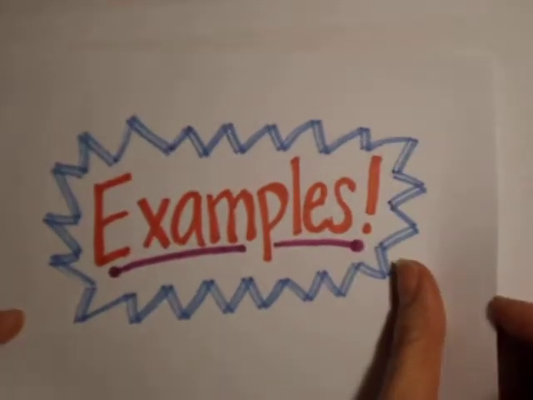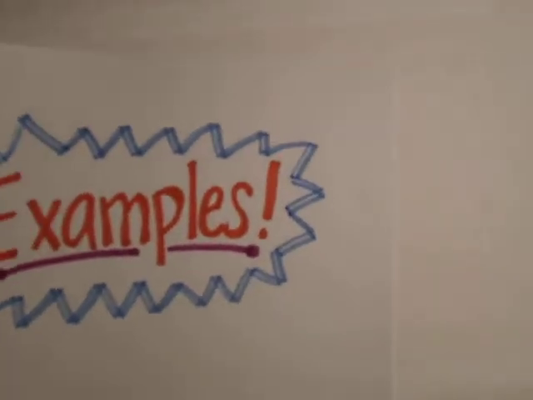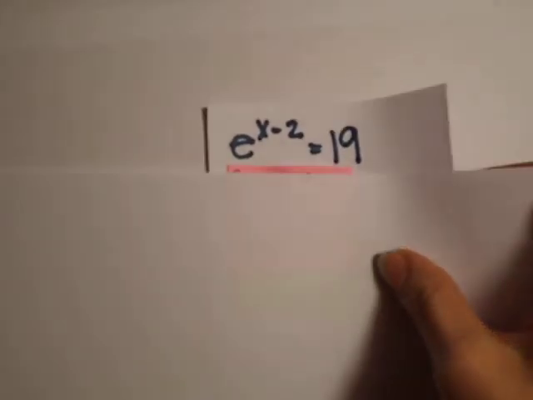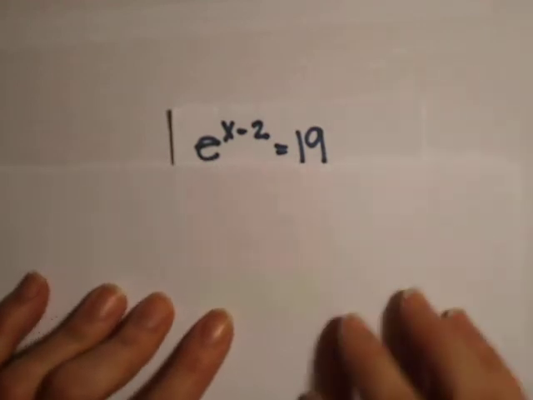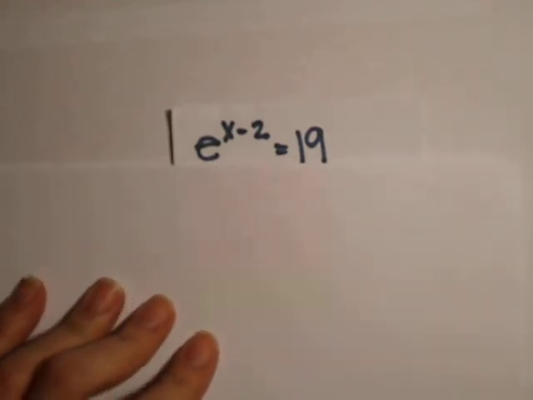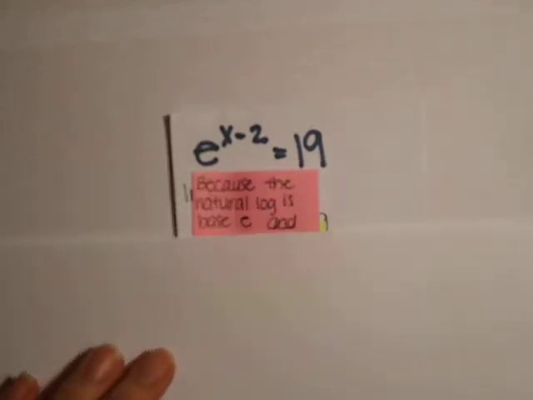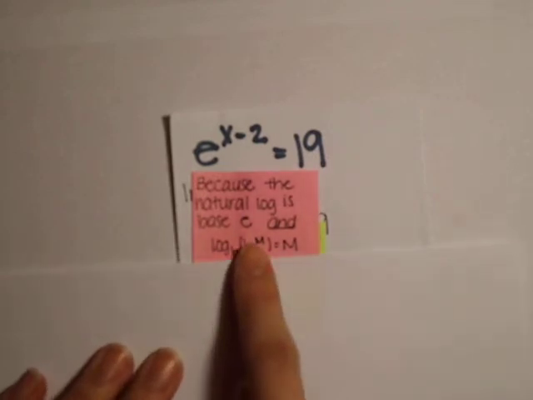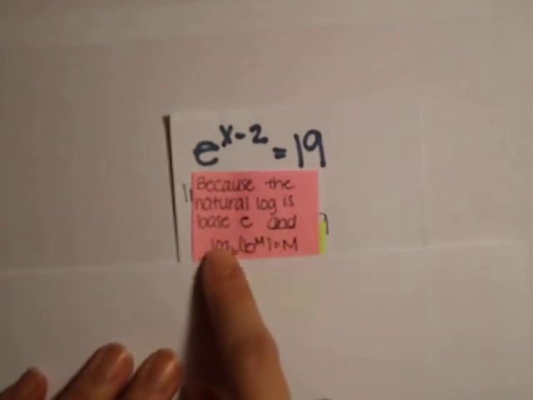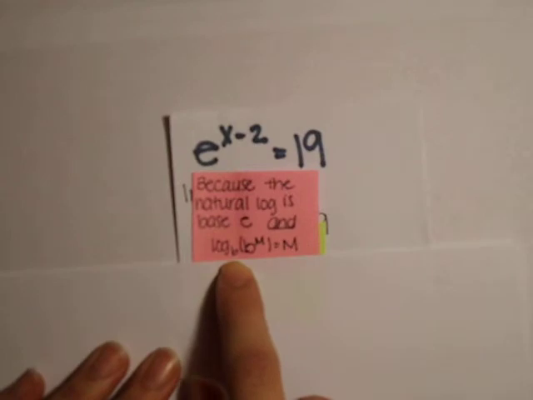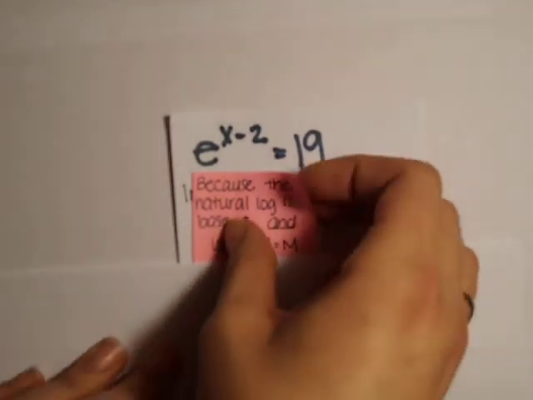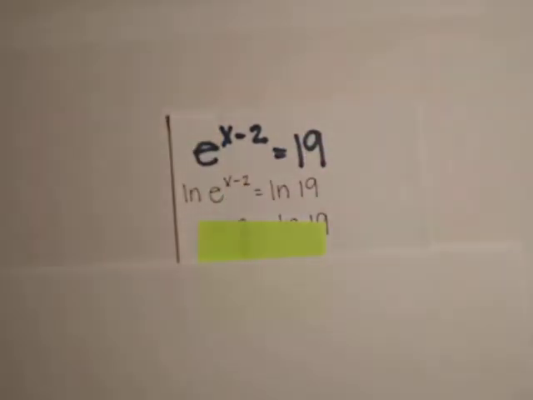Let's try some examples. Our first example is e raised to the x minus 2 equals 19. Because the natural log is base e, and because of the property log base b of b to the m equals m, we can take the natural log of both sides.